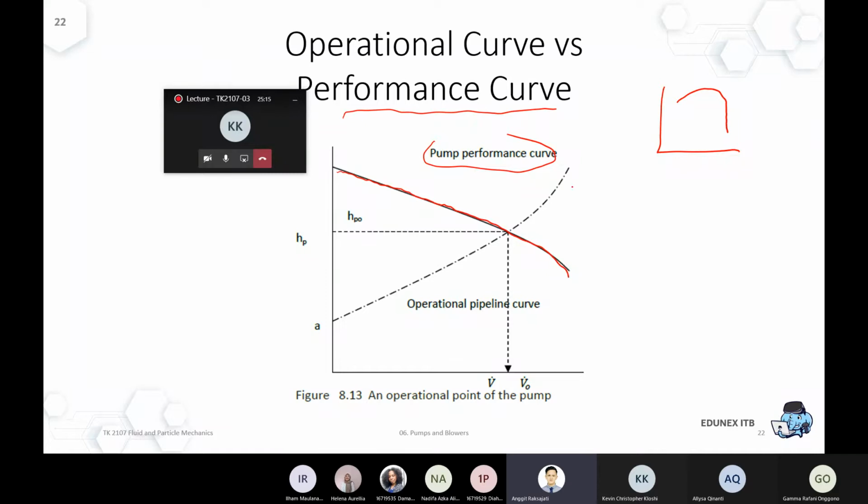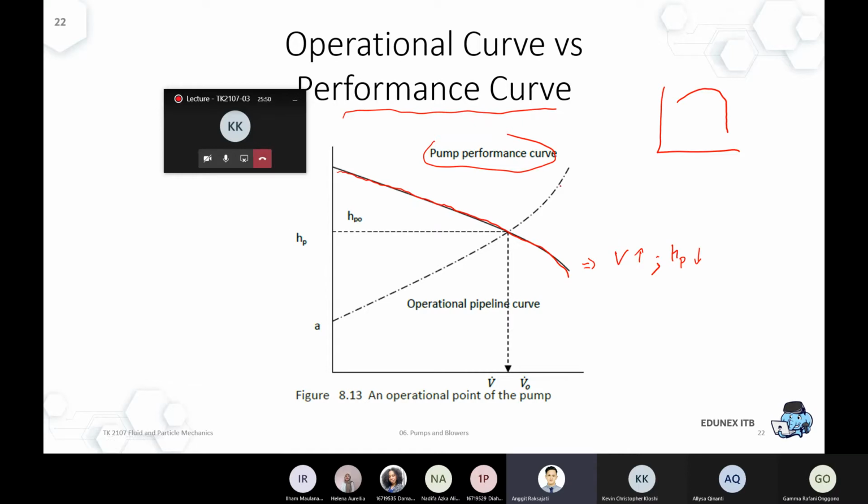So you see that in the performance curve, if the volumetric flow of the pump increases, then the head generated will typically decrease. So if you have 1 cubic meter per second versus 2 cubic meter per second, usually at higher flow rate, you will get a smaller head generated by the pump.